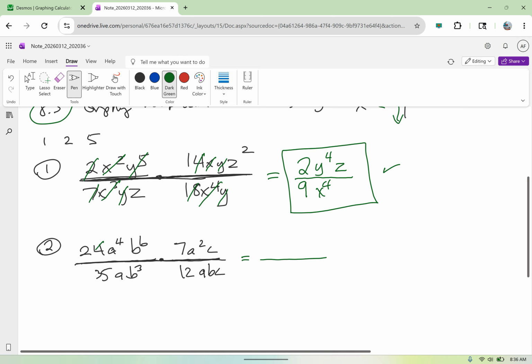All right, 24 divided by 12 is going to leave a 2 on top. 35 and 7 both divide by 7, leaving a 5 on the bottom. Let's see, we have 6 a's on top. We have 2 a's on bottom. That leaves 4 a's on top.